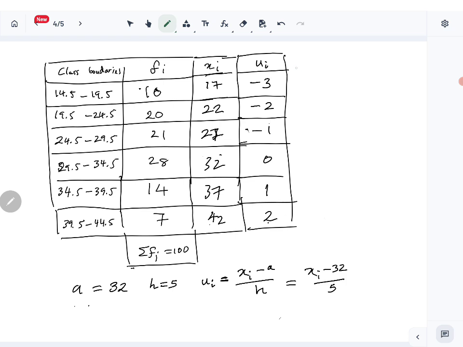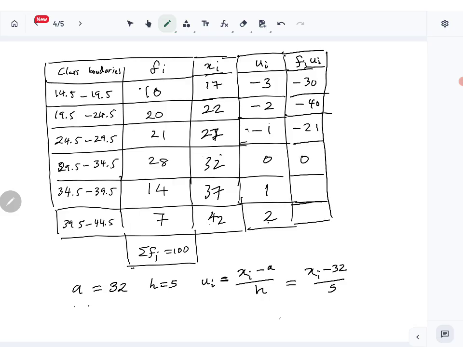So the ui's are done. Then to find the mean, I need fi ui. Fi ui, which is 10 into minus 3, minus 30, minus 40, minus 21, 0, 40, 40.